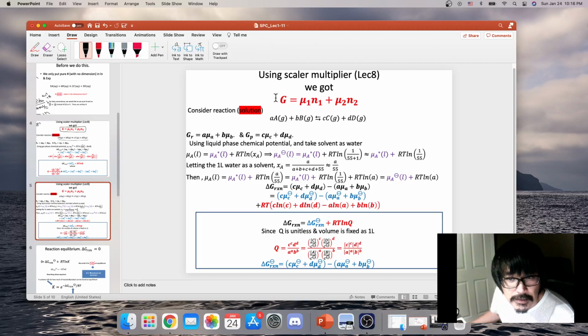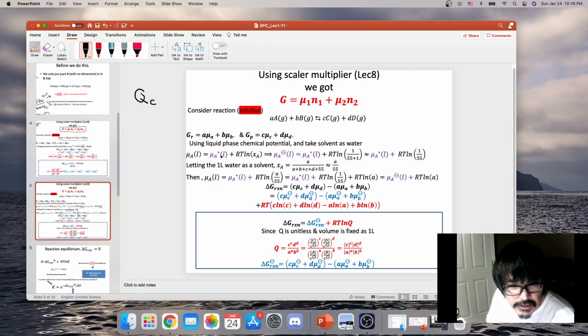Again, we're going to consider the reaction quotient Q in the liquid phase. So this is going to be the concentration stuff. Starting out with the same formula right here, you have the reactant Gibbs free energy and the product Gibbs free energy, and then for delta G, you subtract this guy from that one.